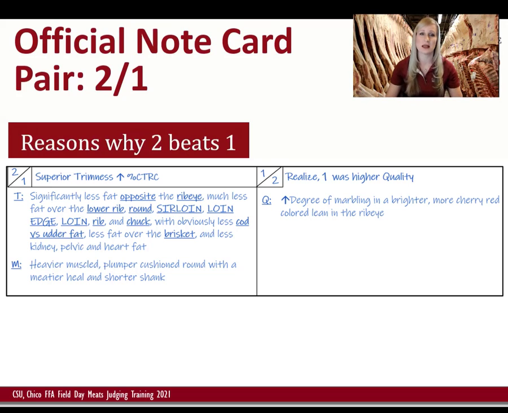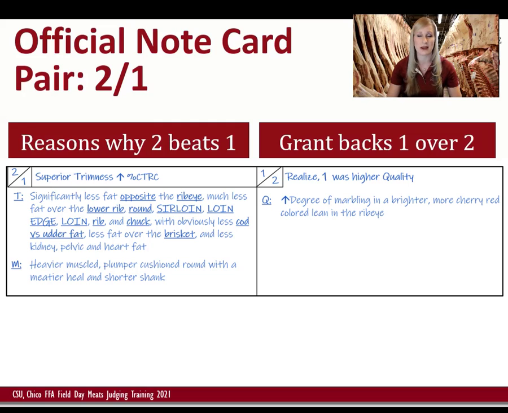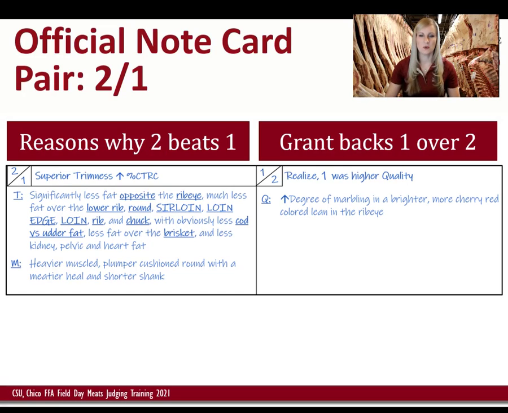Well, we also want to say some things, if they are possible, of why 1 grants back over 2. We do want to recognize that 1 was higher quality. So 1 had a higher degree of marbling in the ribeye. 1 was average choice. However, even though number 1 was average choice, it wasn't suitable for a top choice box beef program because it graded yield grade 4, and so it eliminated it from that program.